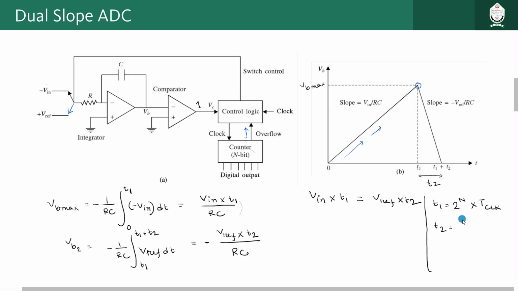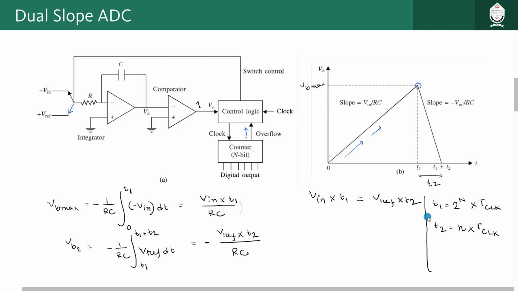So let us call that n, just like before. So n is the number of times we have counted, or the value we have counted up to after the reset, after T1, right? After T1 we have reset the counter and we have started again. So from that we have counted up to n, which is the digital output basically, multiplied with, for each time we had to spend t clock amount of time for each of the clock pulse, right?